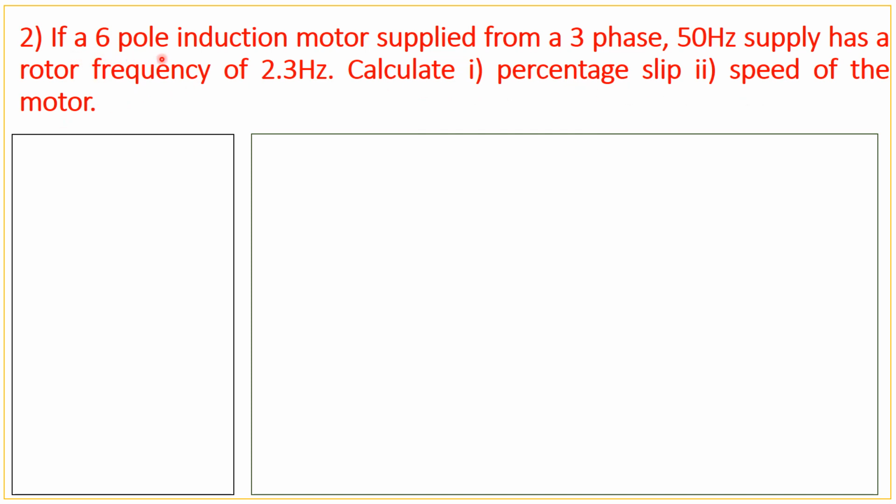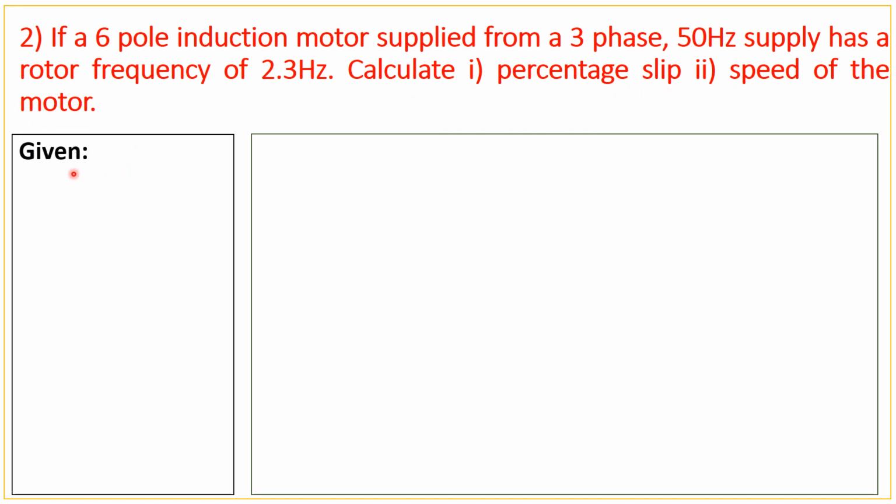Here the pole of the induction motor is given, and the frequency is given instead of alternator data. So one step is reduced here. Frequency is given as 50 hertz, so there is no need to find the frequency again. The rotor frequency Fr is given, F is given. So calculate the percentage slip and the speed of the motor.